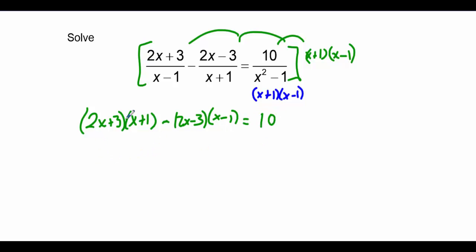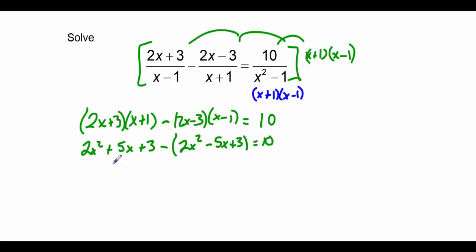Next, we'll FOIL these terms out. So we have 2x squared plus 5x plus 3 minus, put that quantity down, 2x squared minus 5x plus 3 equals 10.